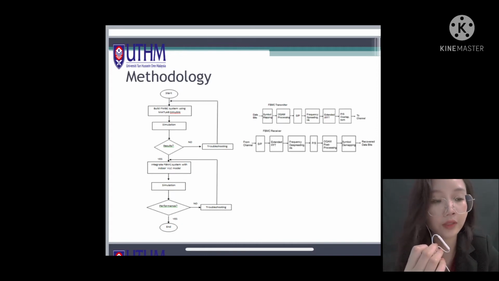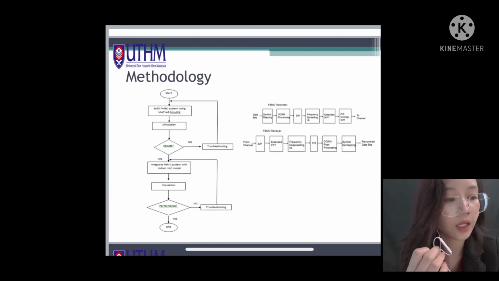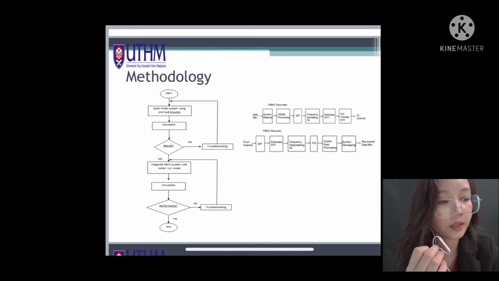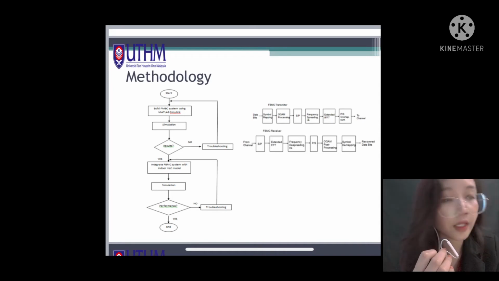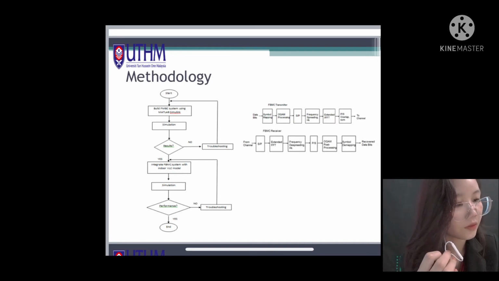The transmitter starts from data bits and proceeds to the mapping and QAM processing, the series parallel, and then frequency spreading, then IFFT, and then the parallel serial overlap and go to the channel.